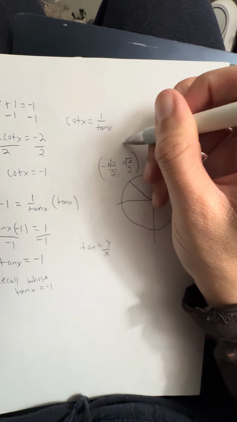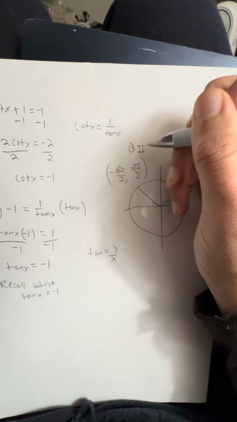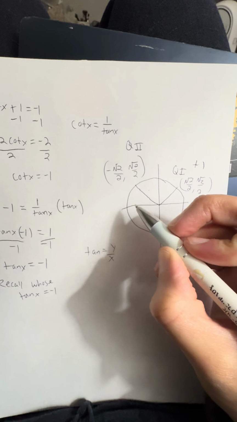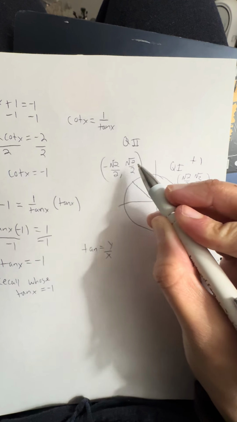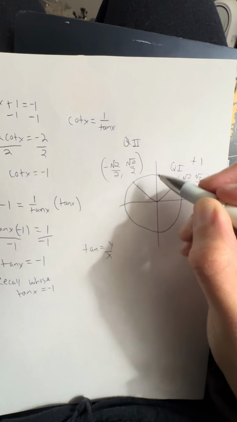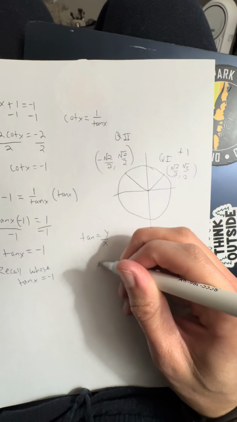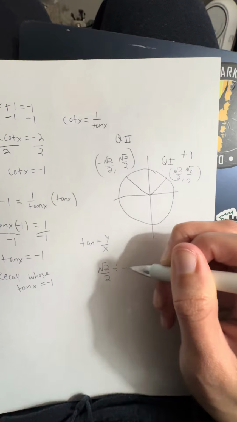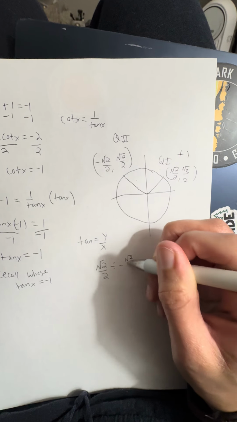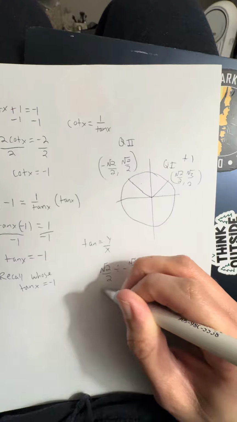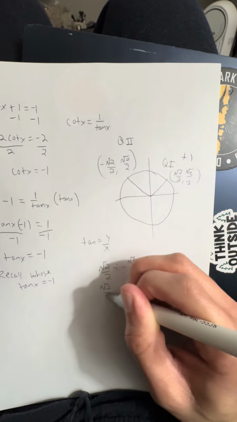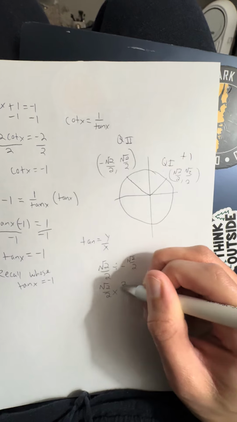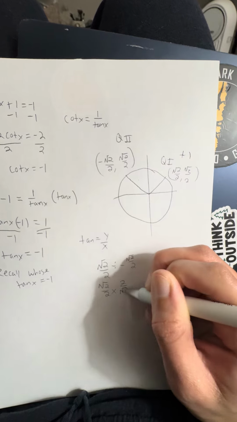Recall that in Q2, your x values are negative and your y value is positive. So when you take this tangent, √2 over 2 divided by -√2 over 2, you're going to rearrange this: √2 over 2 times 2 over √2, make sure that's negative.